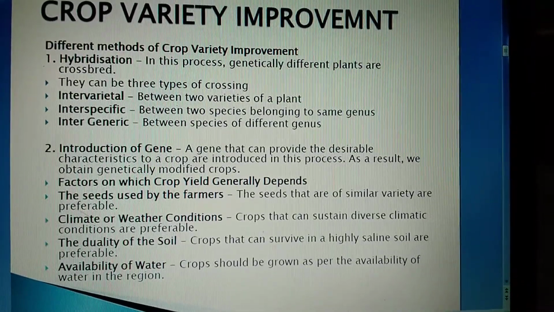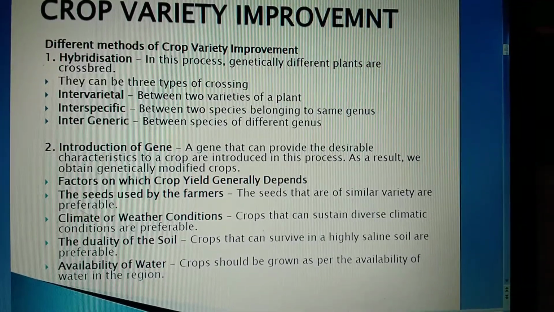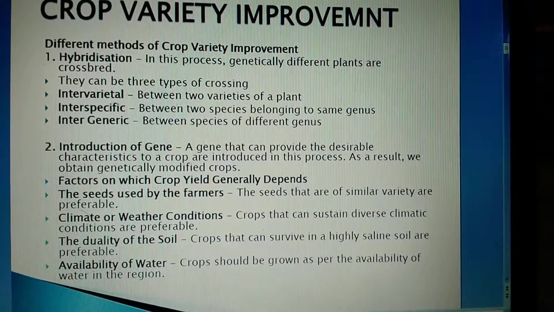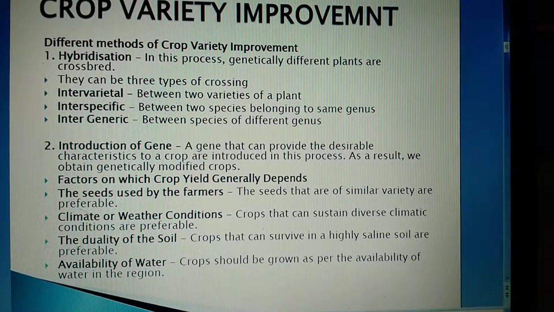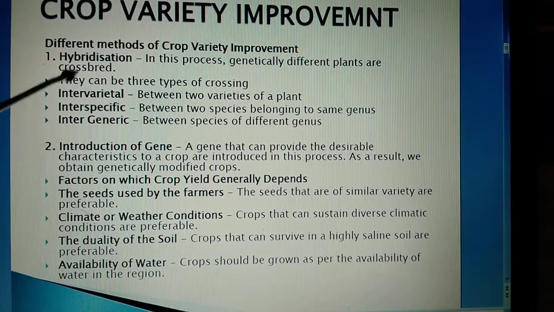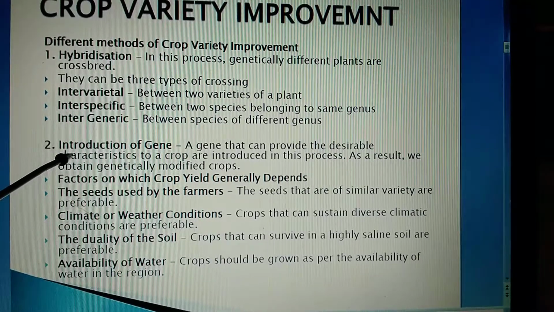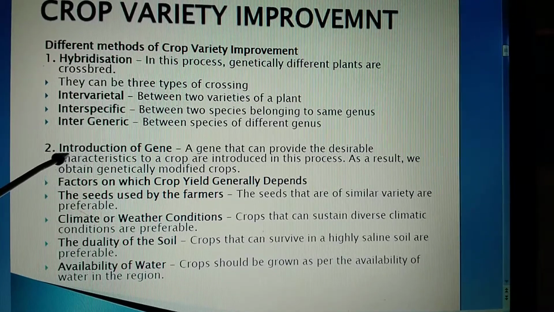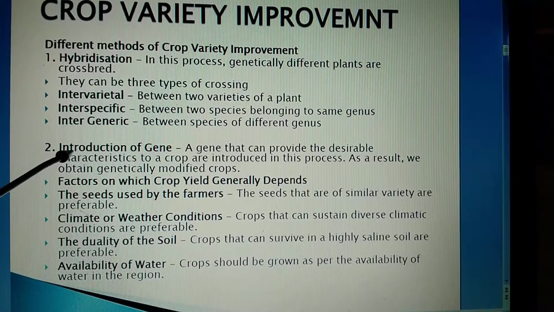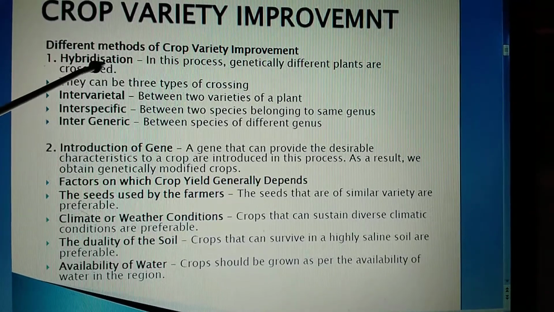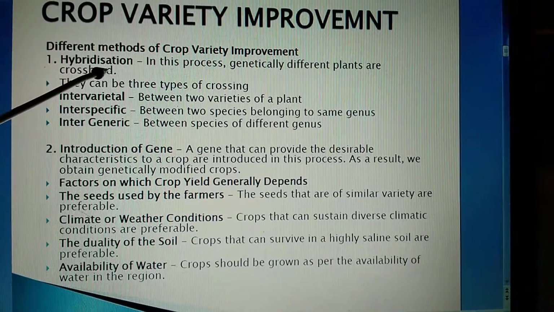The techniques or methods for the improvement in the crop variety are: first is hybridization, second is if we can introduce a gene, then the variety of a crop can be improved. So what is hybridization?